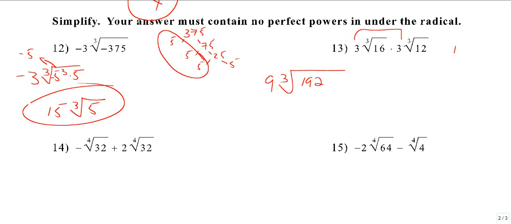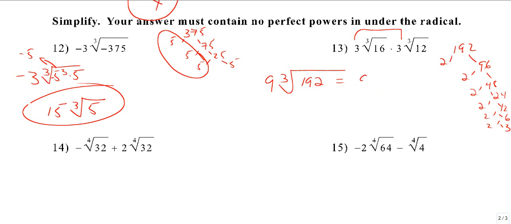So let's find the factor tree for 192. So let's see.